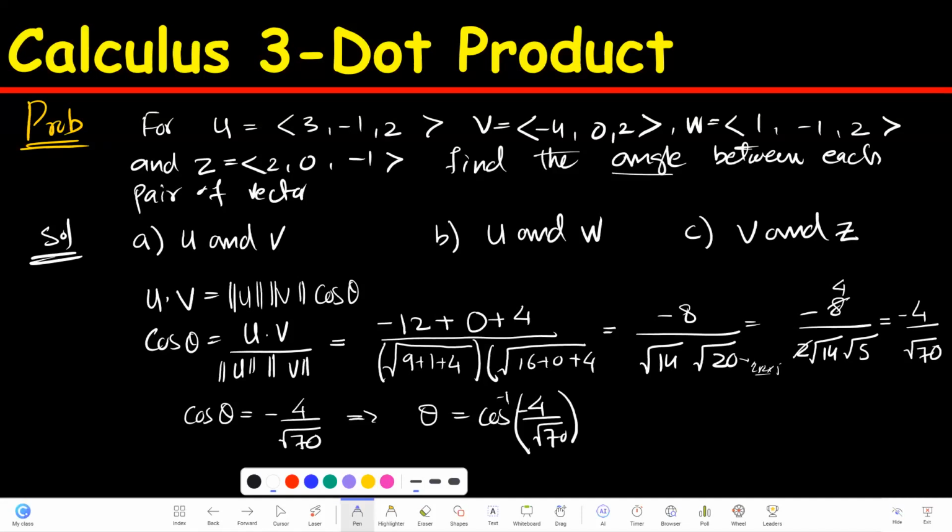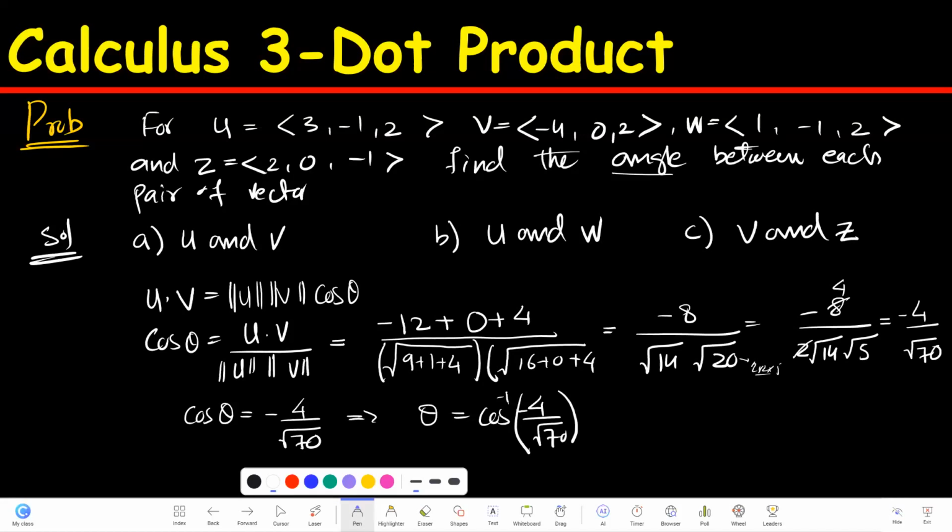The first calculator, you can hit the shift button and then hit cosine and then enter the value. On the other calculator, you type the answer first and then hit shift or second. Some calculators say shift, some say second. Then hit cosine key. You will get the answer.